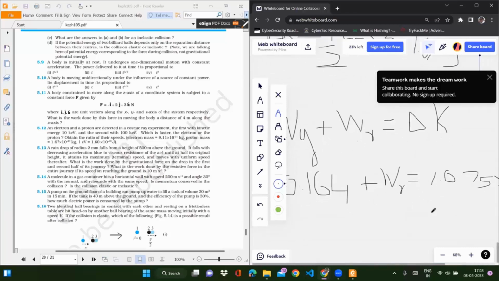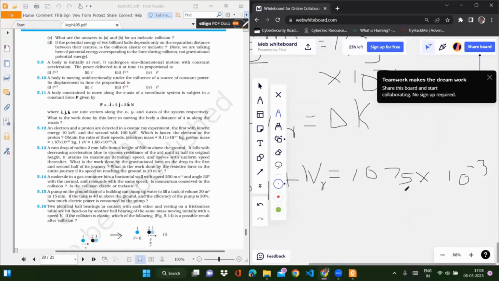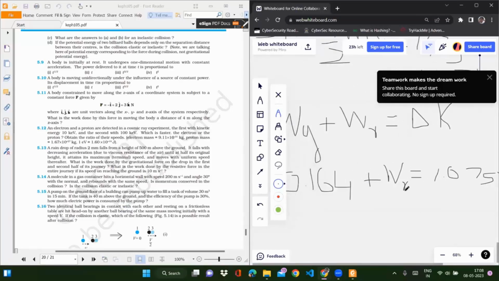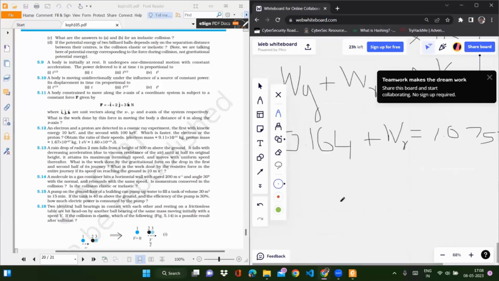If we consider this to be nearly 0.16, then the work done by the resistive force will be about minus 0.162 joules. It's nearly all of the energy, the work done by gravity, that is utilized in doing work against the resistive force, and it is attaining only a little kinetic energy.